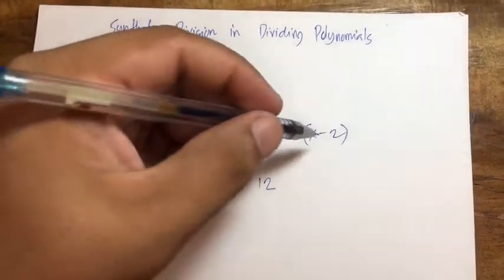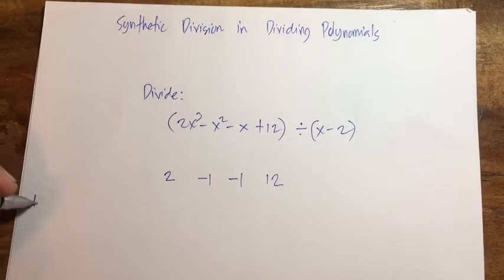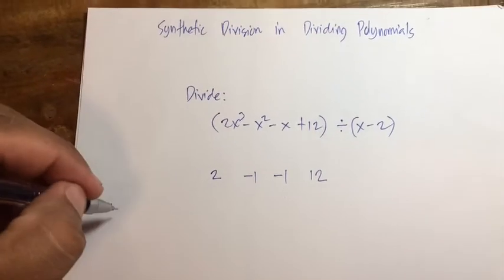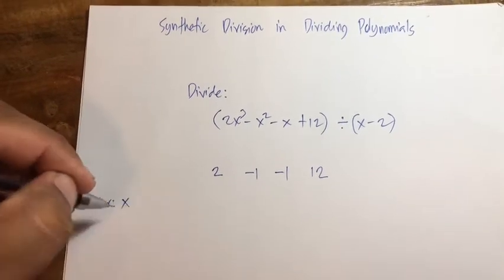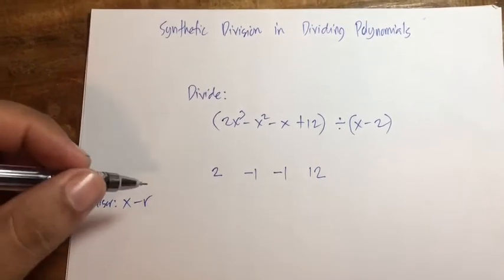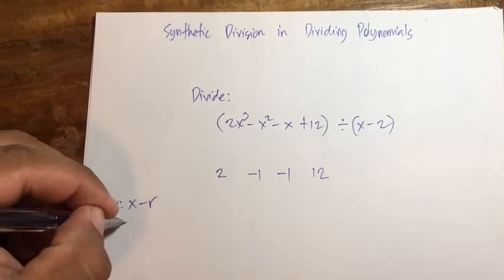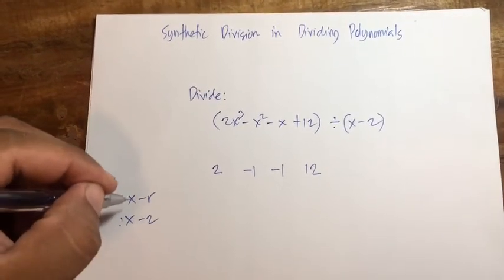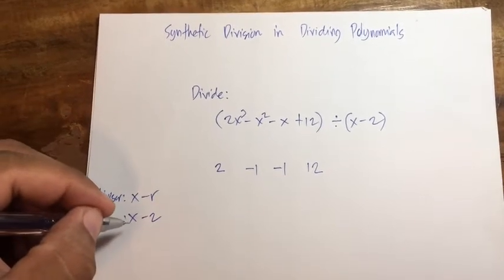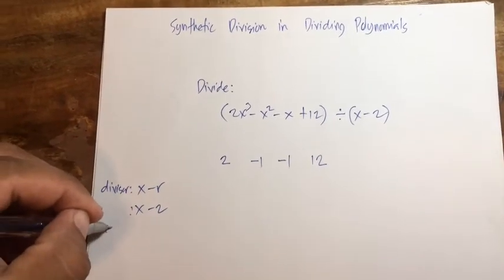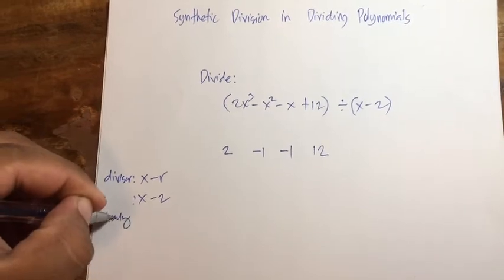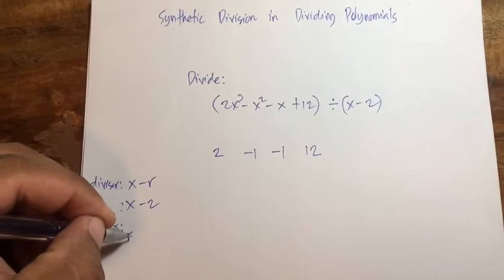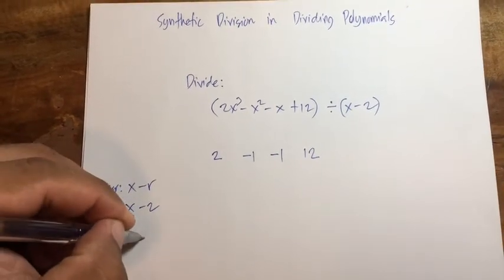After that, we will check our divisor. We understand that our divisor is of the form x minus r. Then our given is x minus 2. So clearly, our r is equal to 2.